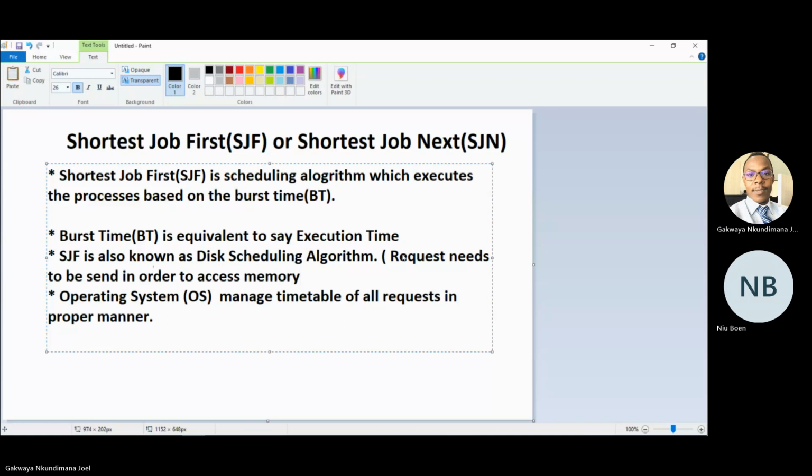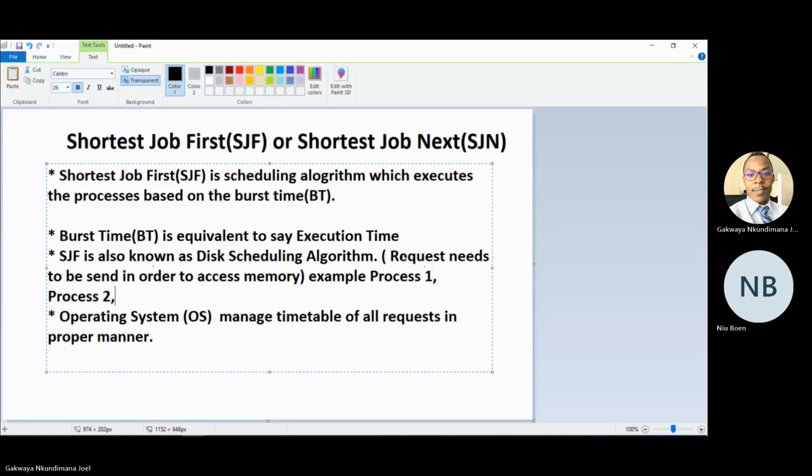So imagine you have, for example, processes. Let's say process 1, process 2, process 3. You can keep naming them here.